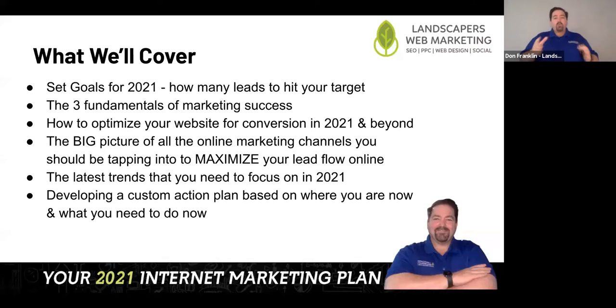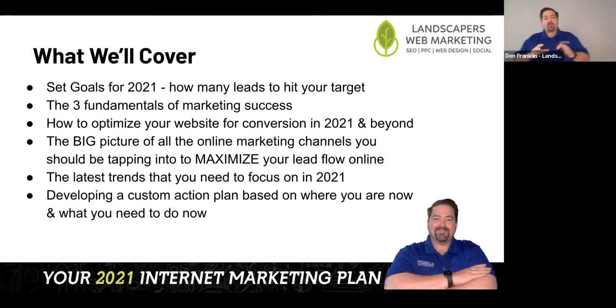So what we're going to cover: the very first and most important thing is setting goals for your 2021. How many leads do you need to hit your target for 2021? That's probably the most important thing, setting that foundation first. Then we're going to talk about the three fundamentals of marketing success and how to address them.